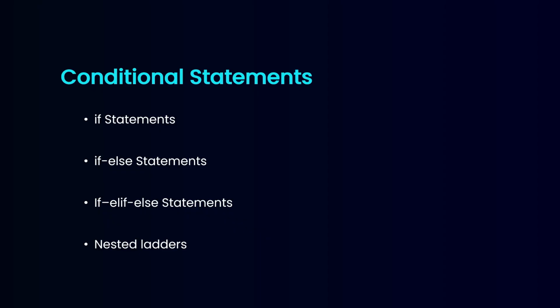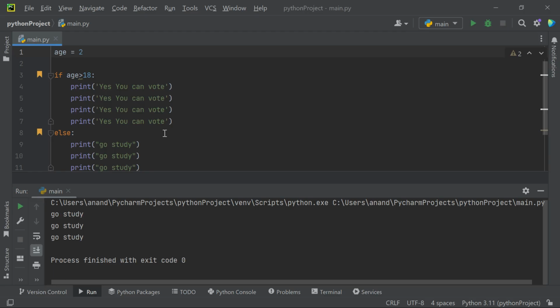Then we have if elif else. So what is this? Basically, we can write multiple conditions in a single piece of control code. So what does this mean? If age is greater than 18, yes, you can vote, else there can be another condition, which is elif.